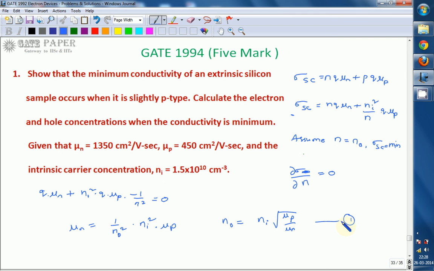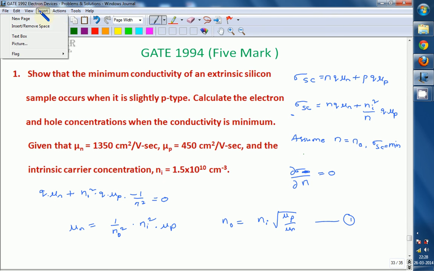Now we go for a similar procedure for the holes. We use the mass action law for the holes, so that the entire equation is in terms of holes.